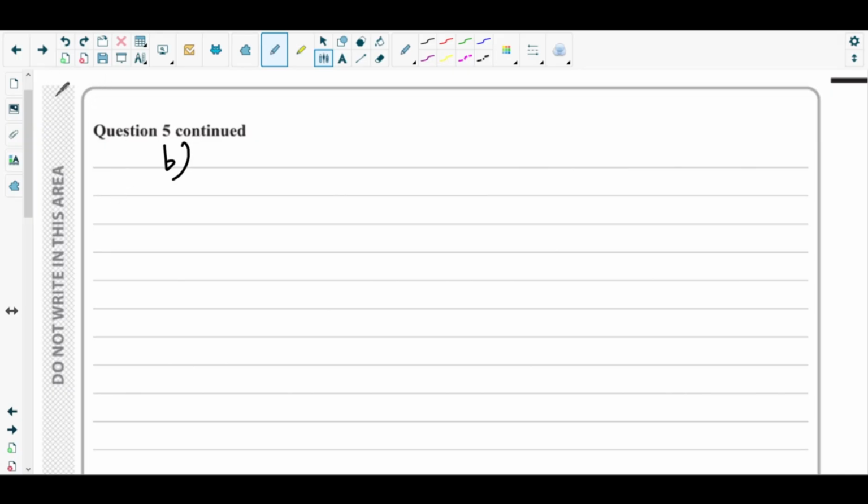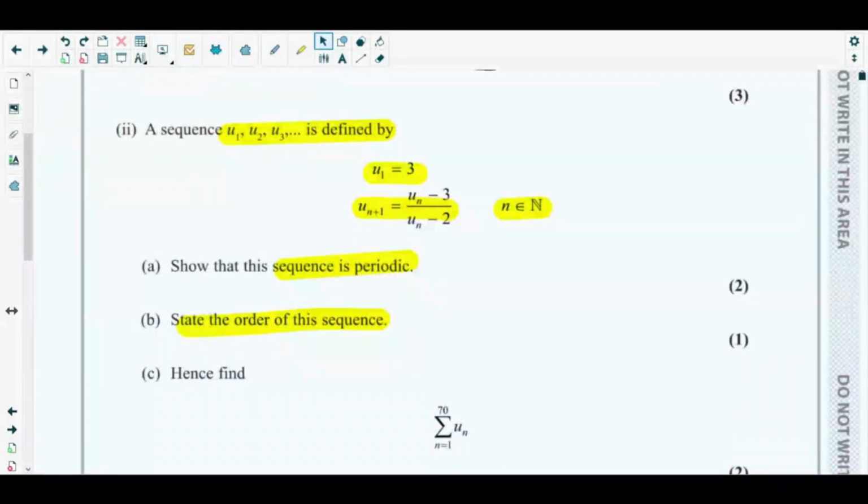So this is what we got, u1 equals u4 earlier in part A, right? So the difference from u1 to u4 is 3. So this is order 3. The sequence has order 3. That's it.